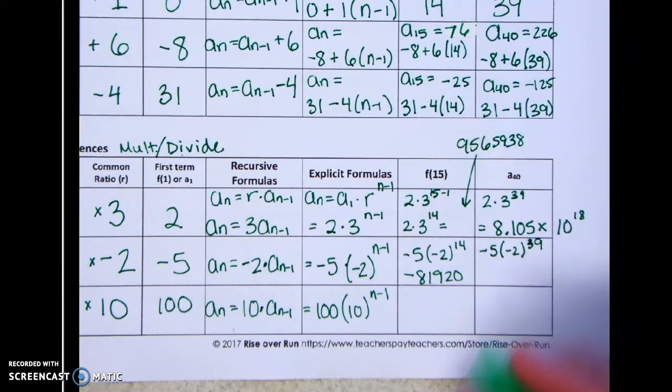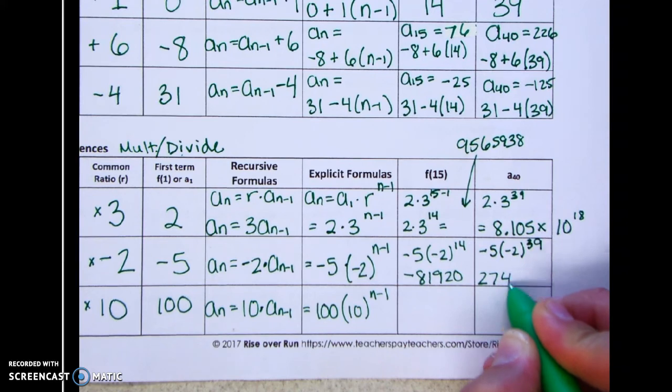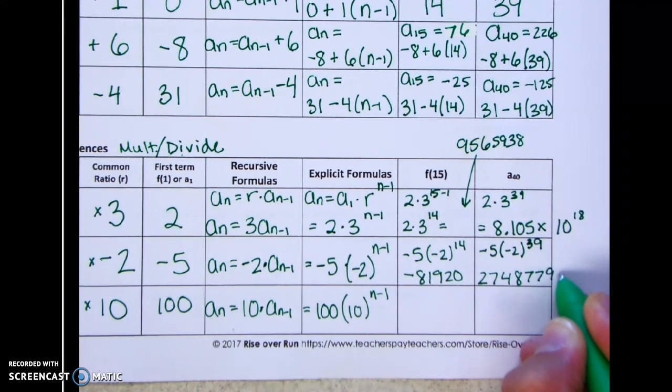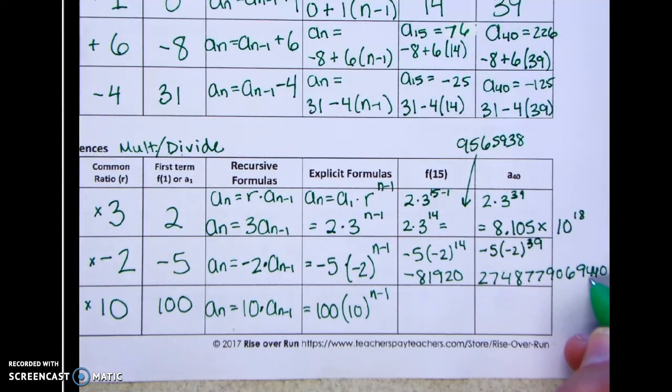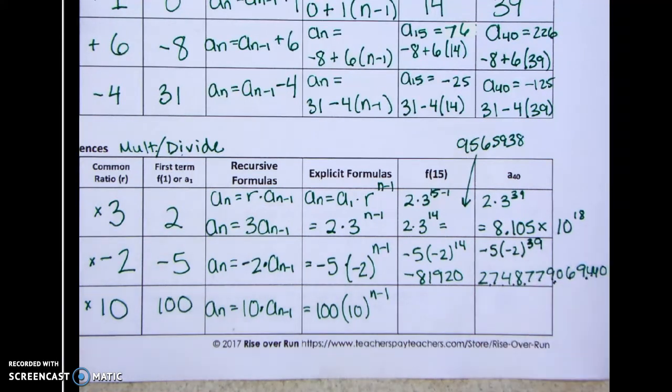And I don't have it in scientific notation, I just have it really big. So ready? 2748779069440. Crazy. 1, 2, 3, 4, 5, 6, 7, 8, 9, 10, 11, 12. So 2.7 times 10 to the 12.